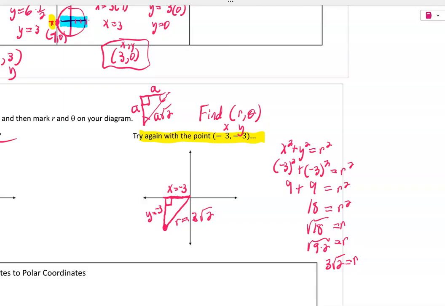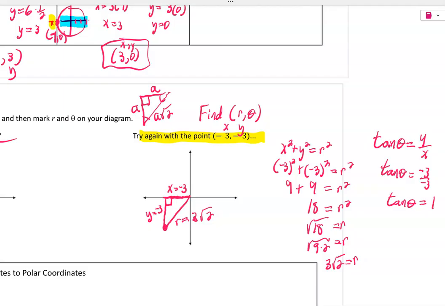Well, we found our R. Guess what? We've got to find our angle. And to find our angle, we could say, well, the tangent of theta is y over x. And tangent of theta is going to be y is -3 over x is -3. You could say, wow, the tangent of theta is equal to 1.